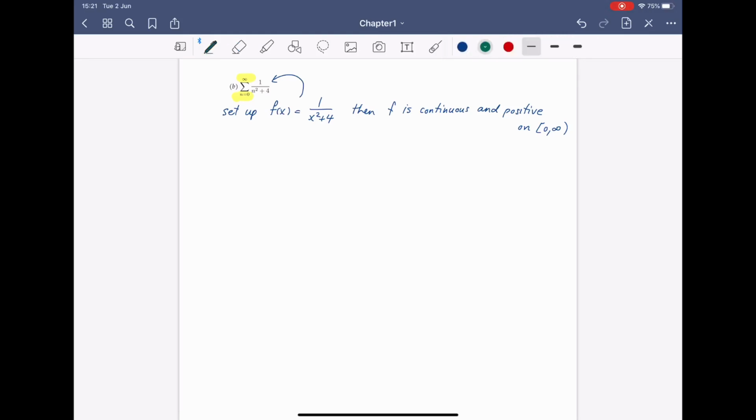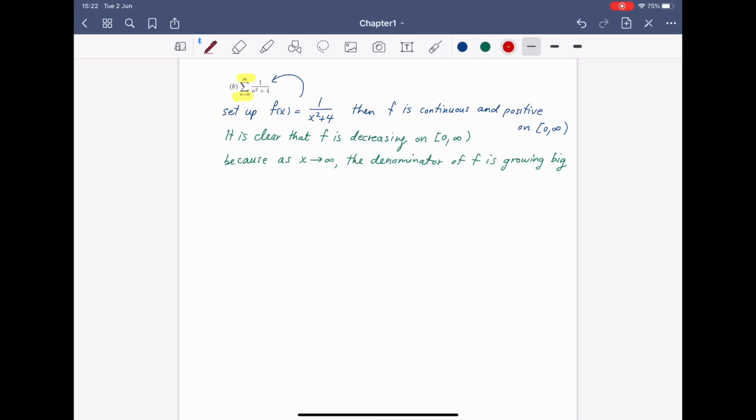I'm going to note it here. It is clear that f is decreasing on 0 to infinity, because as x goes to infinity, the denominator of f is growing big, so that means f is decreasing.